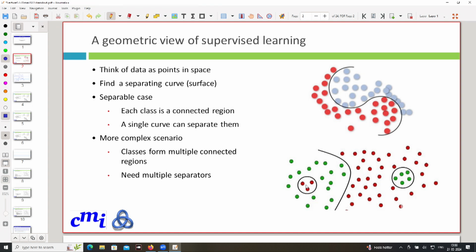Once you have these vectors, you can think of them in some vector space, something geometric, right? So these are like points in some space. In the figure that you see in the slide, we have some points. In fact, we have a lot of points. Each of these represents some data point.